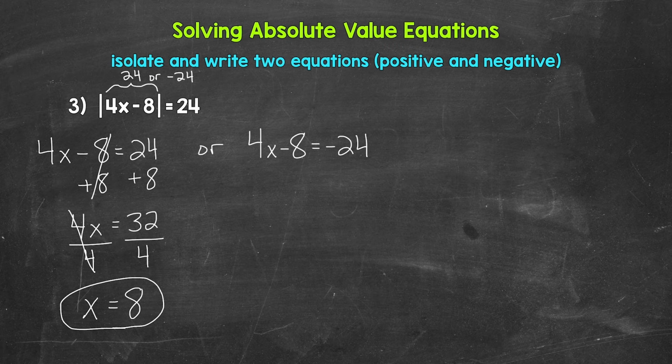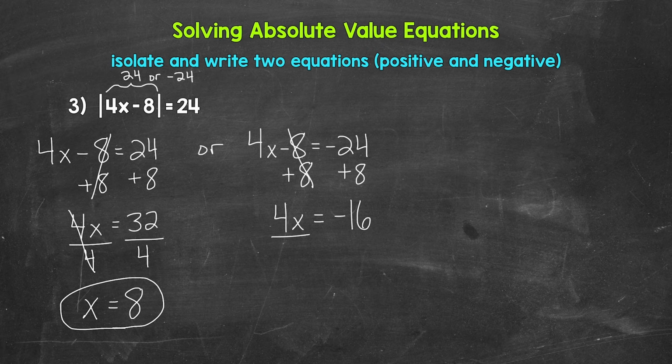Now let's solve 4x minus 8 equals -24. So let's add 8 to the left side of the equation and the right side. These cancel each other out. So we have 4x equals, and then on the right, -24 plus 8 gives us -16.